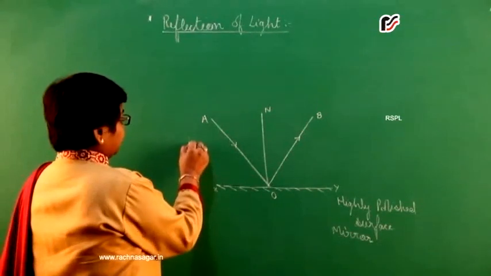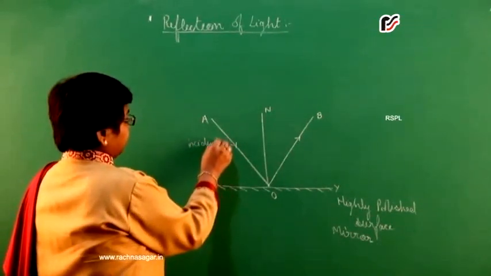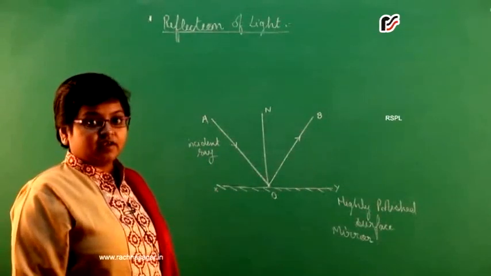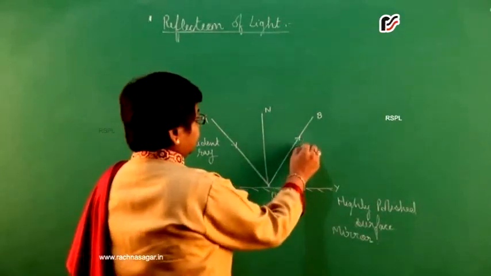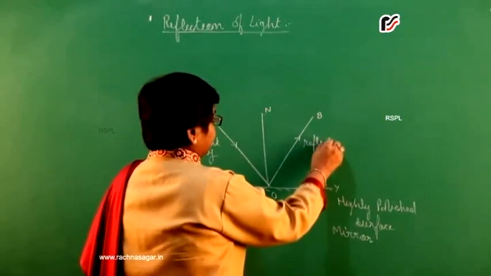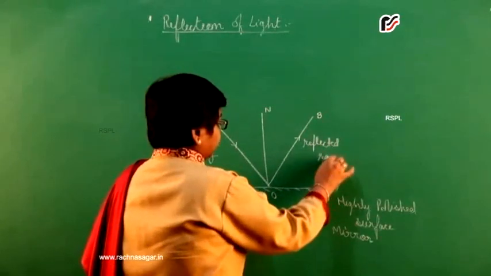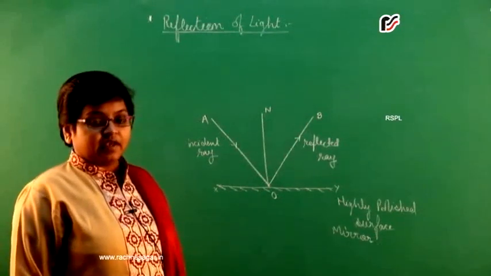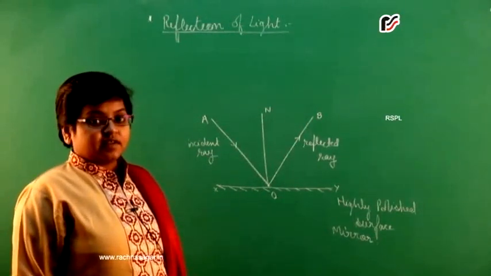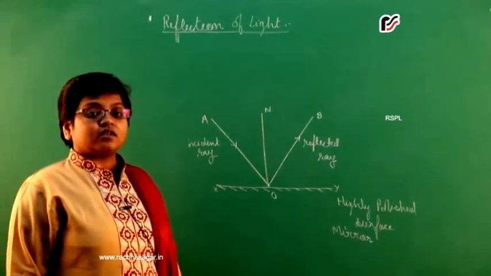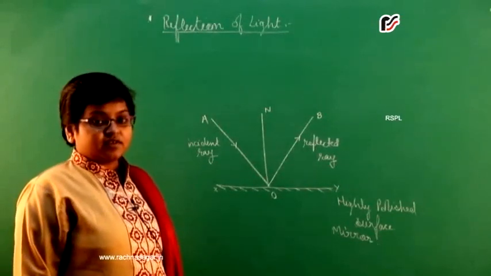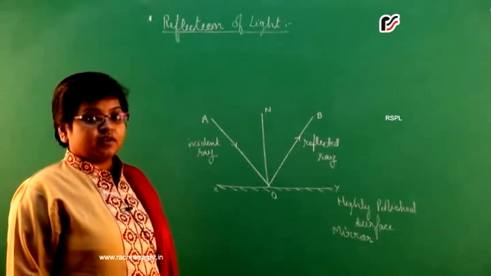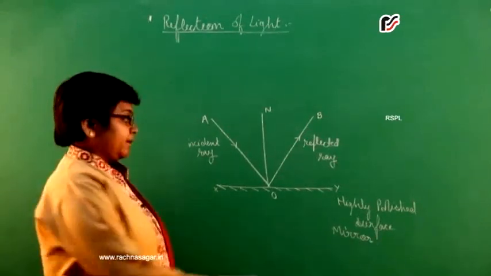AO is called the incident ray. OB is called the reflected ray. That is, the ray which is incident on the mirror is called the incident ray, and the ray which reflects from the mirror is called the reflected ray.